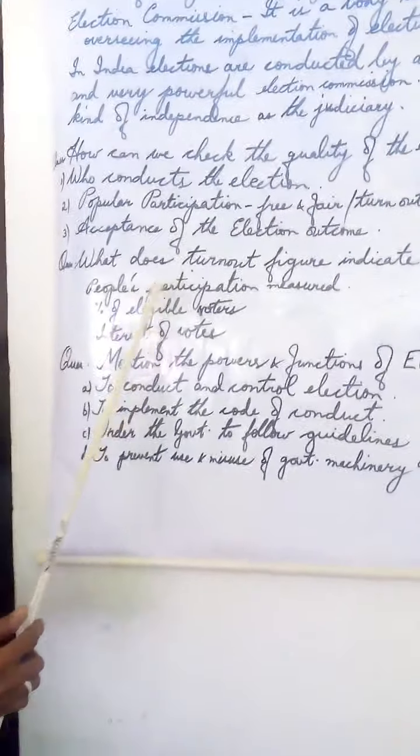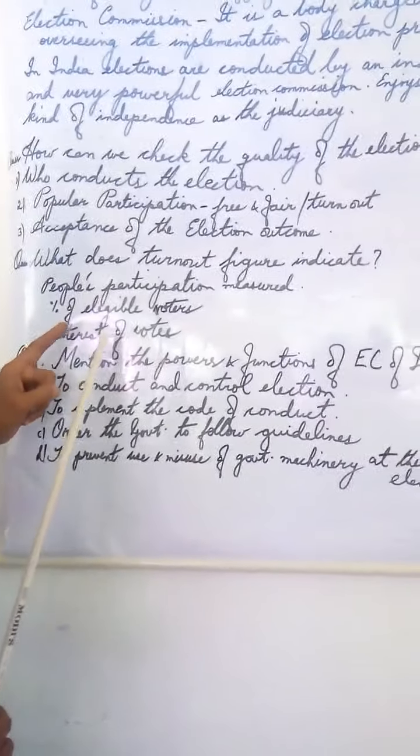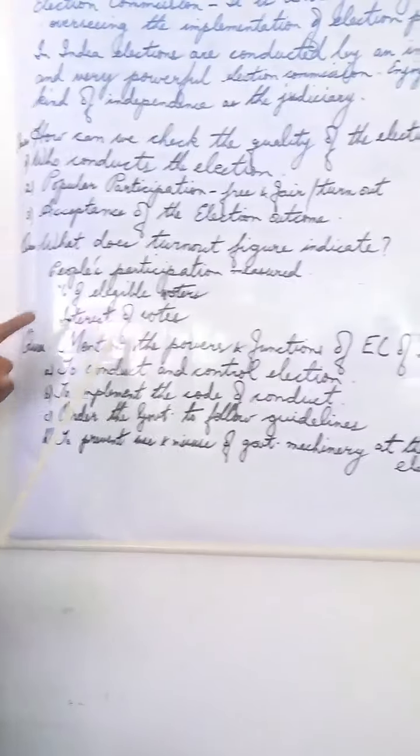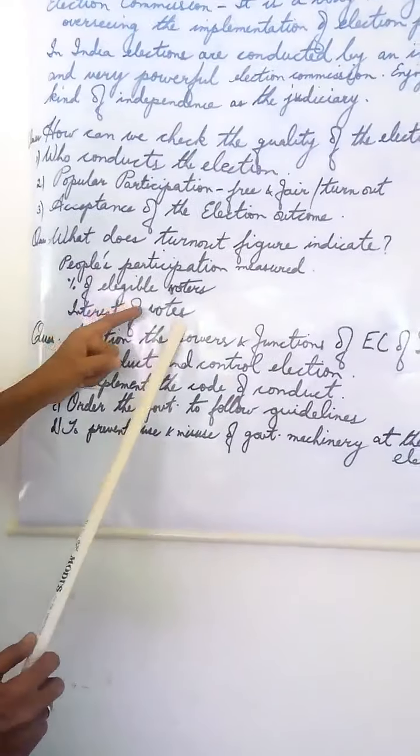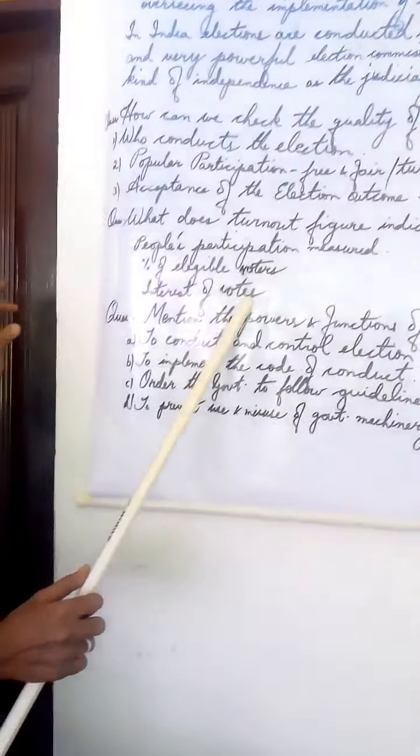It also gives us an idea whether the people were really interested in casting their vote or not. So this is what is referred to as the turnout of the election system. It indicates people's participation, percentage, and also the interest of the voters. Not votes here, the interest of voters. There was a mistake here.